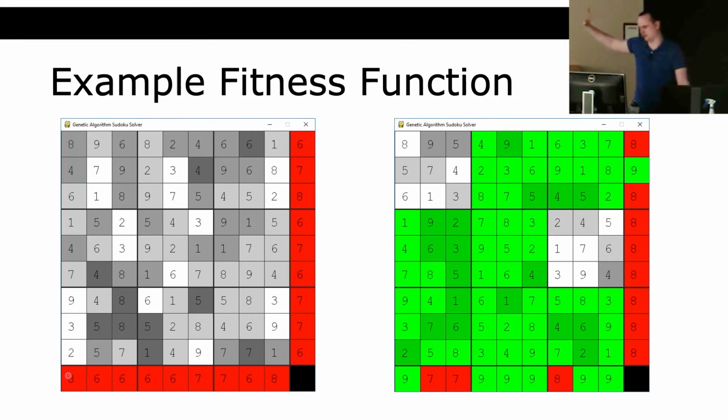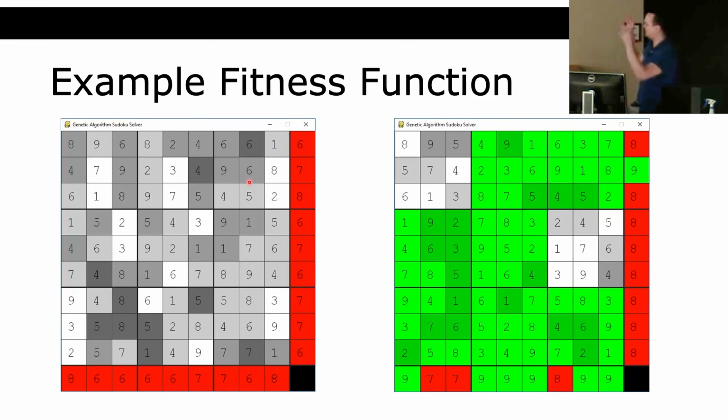Or no, don't ignore that because it's not the whole thing. So if you took a solved Sudoku board, the maximum possible fitness value using this fitness would be 81 times 3, right? So what's that? 243?